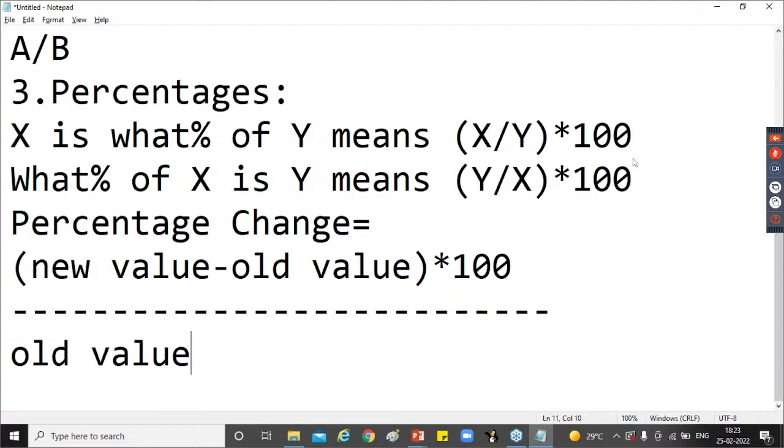So it means that if the new value minus old value is positive, that much of percentage is increasing. If the old value minus new value is negative, that much of percentage is decreasing. Okay, these are the things you have to focus on now.